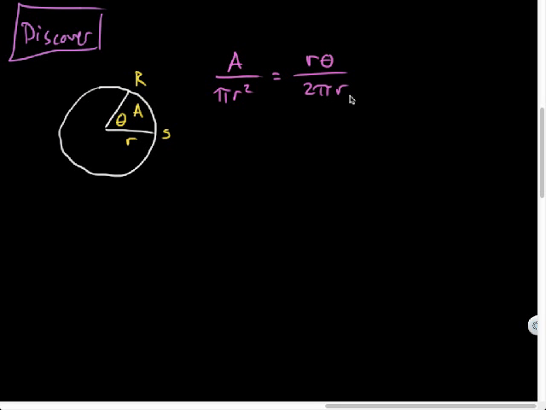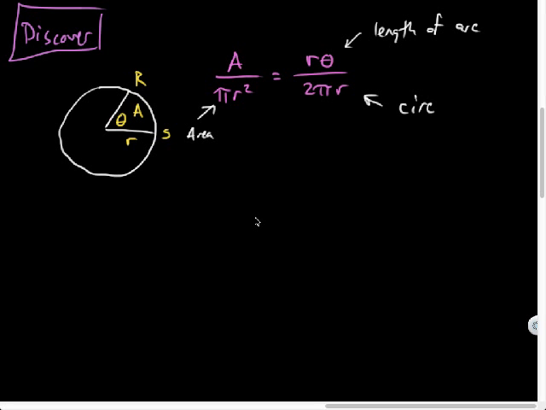All right, so one thing I'll just label for this right here is this is the length of arc. This is the circumference, and this is the area of whole circle. So those ratios I think make sense. That proportion perhaps makes sense to you.